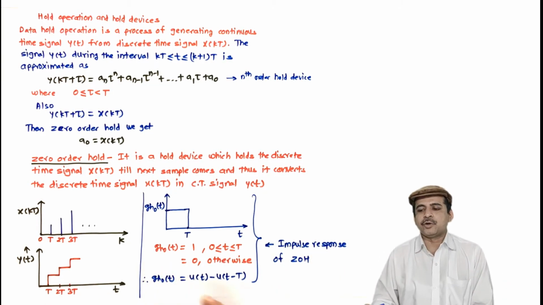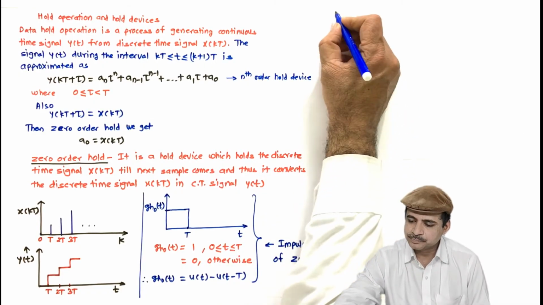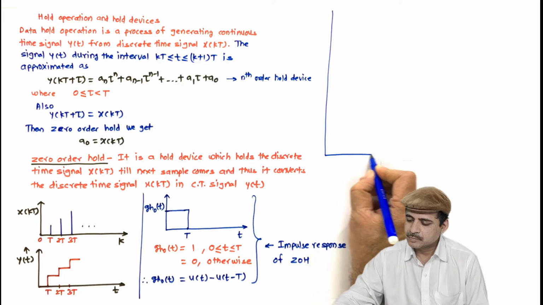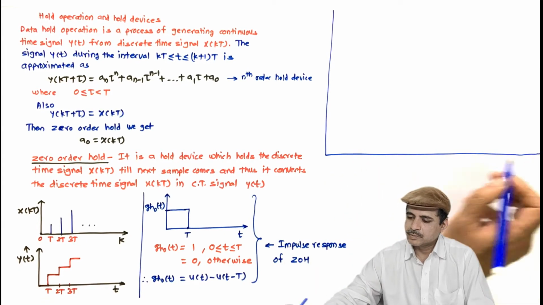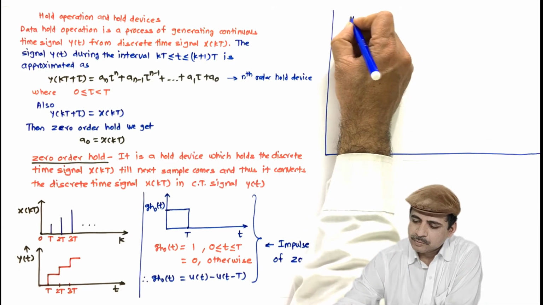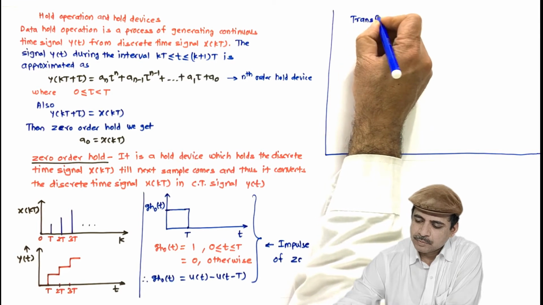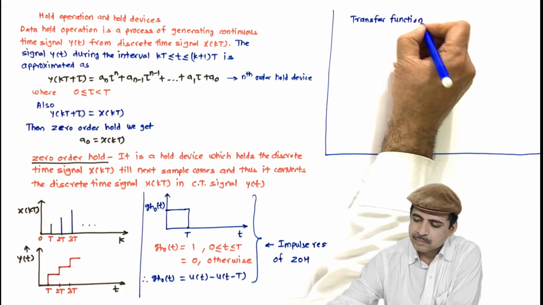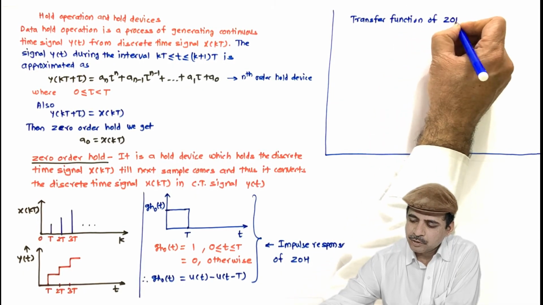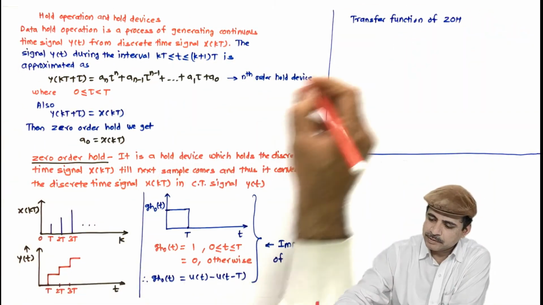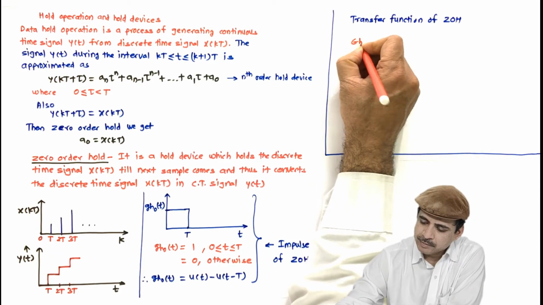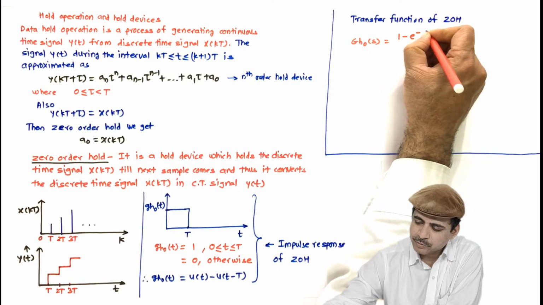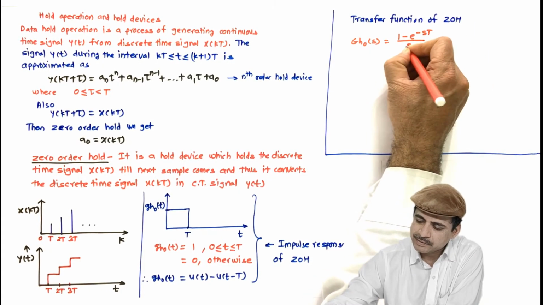And then if I want to find out its transfer function, the transfer function of zero order hold device is (1 minus e raised to minus sT) by s.